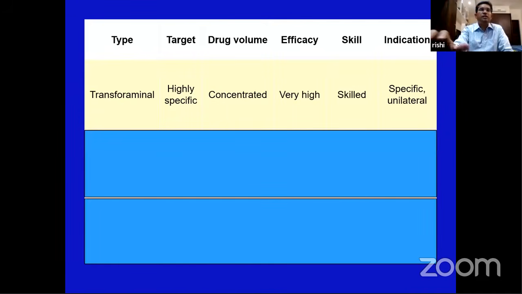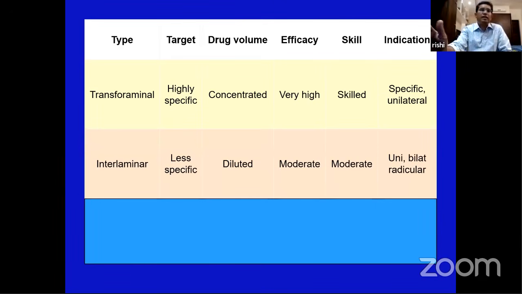So comparing between these three different techniques of epidural injection, the first one, the transforaminal, which we discussed for the whole duration, is the highly specific technique for patients with unilateral and acute lumbar radiculopathy. It has very high efficacy because we are targeting all the medication exactly over the nerve root which is affected.